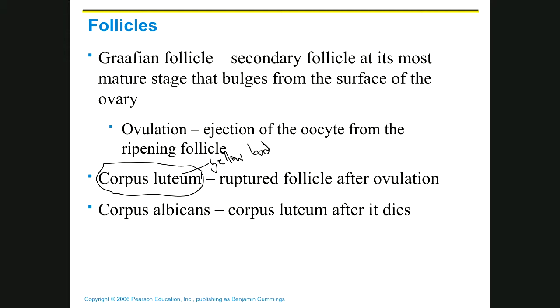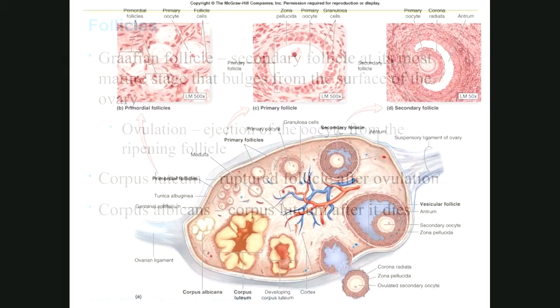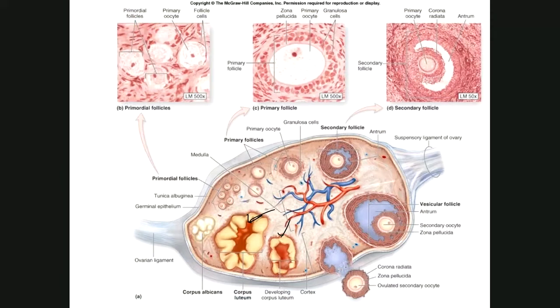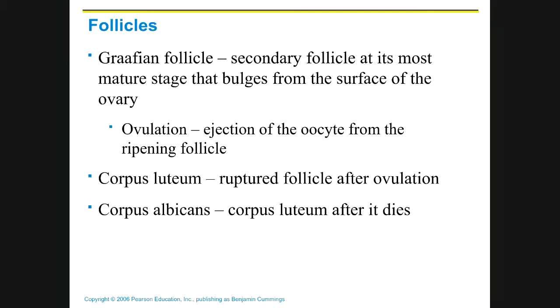It's what's left of the ruptured follicle. And look, it even looks yellow. And it makes hormones. And then what's going to happen is this yellow body's going to die. It turns into what's called the corpus albicans.